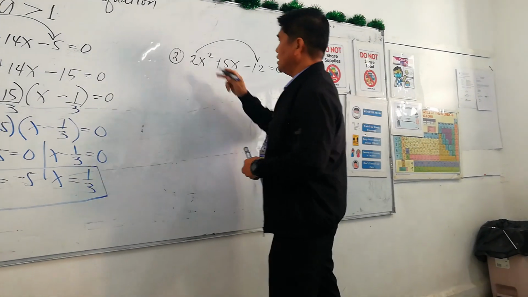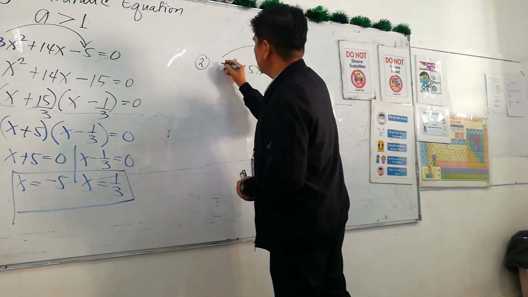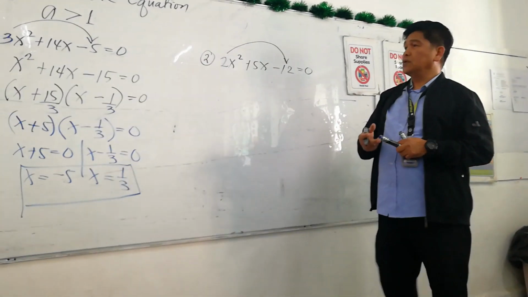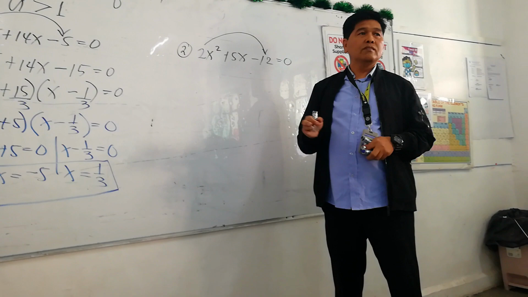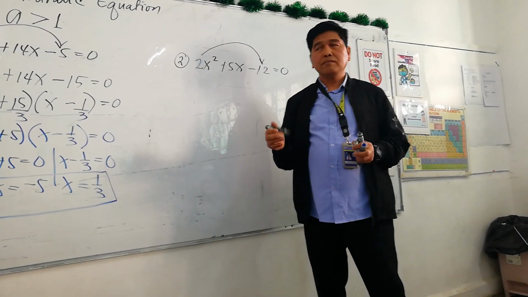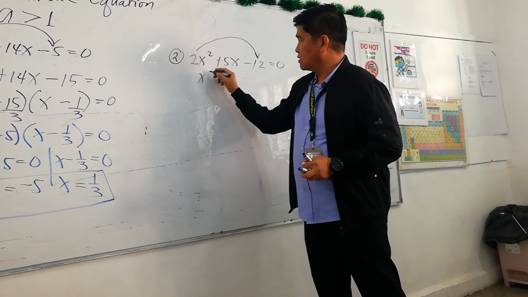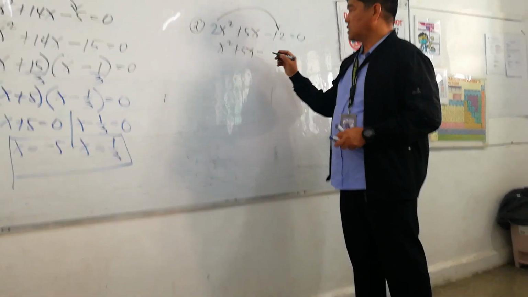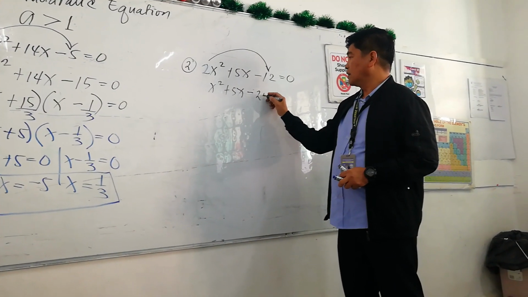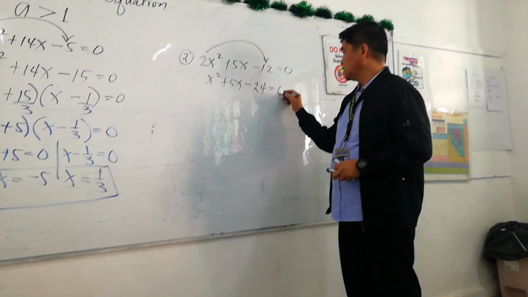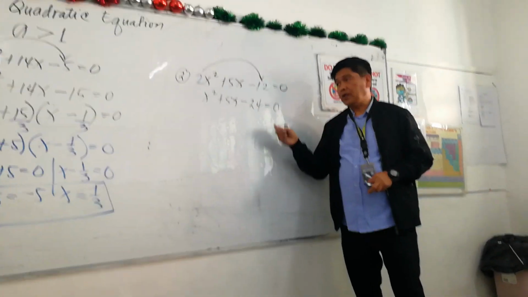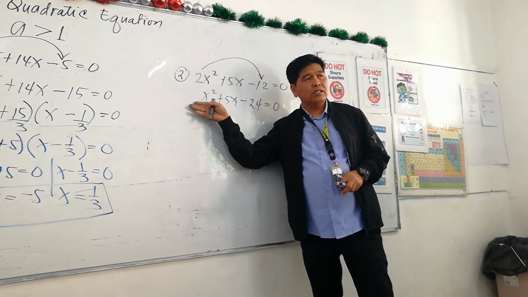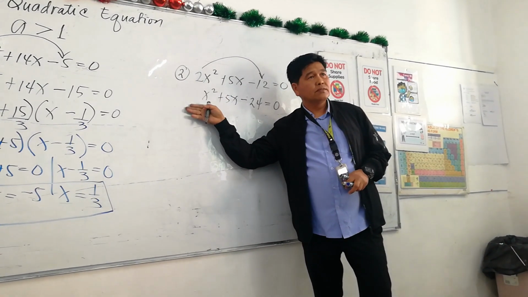I will change the color of this to blue. What is now your new equation? x squared plus 5x minus 24 equal to 0. So this is now a simple quadratic equation because your a is equal to 1.